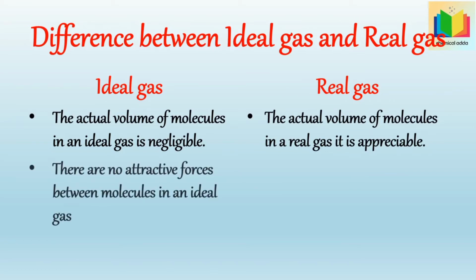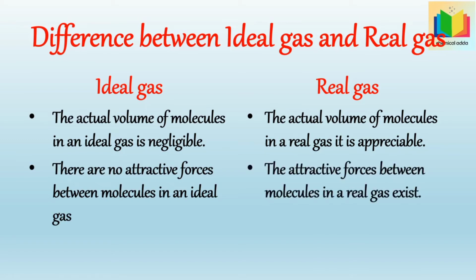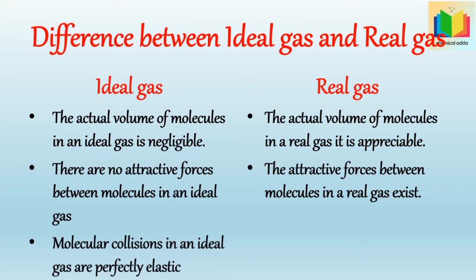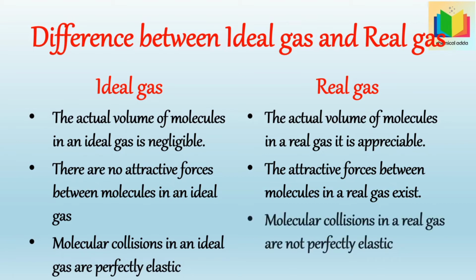There are no attractive forces between molecules in an ideal gas. And in a real gas, attractive forces between molecules exist. Molecular collisions in an ideal gas are perfectly elastic. And in a real gas, molecular collisions are not perfectly elastic.